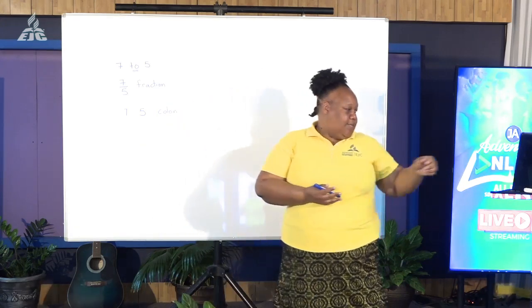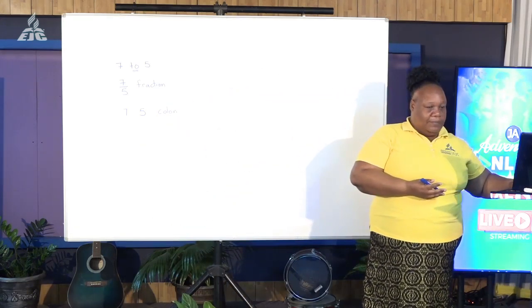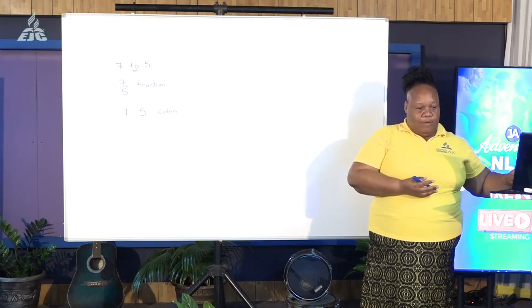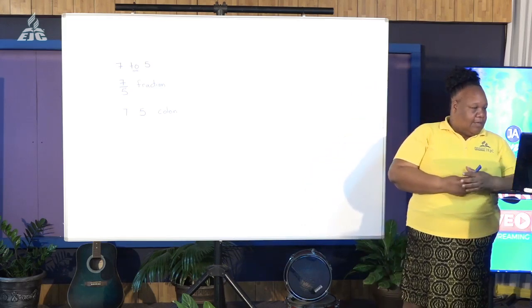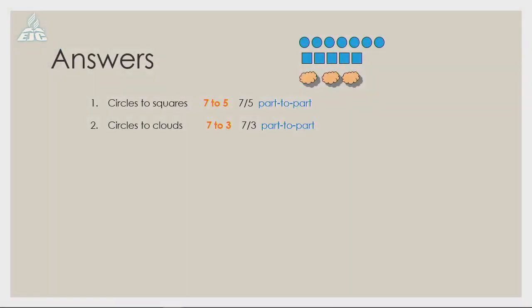Let us go to our number 2 example. Number 2 is saying circles to clouds, 7 circles to 3 clouds. How can we write it as a fraction? I'll allow you to do that. How can you write it using the colon? I'll allow you to do that. Remember what I have on the board?